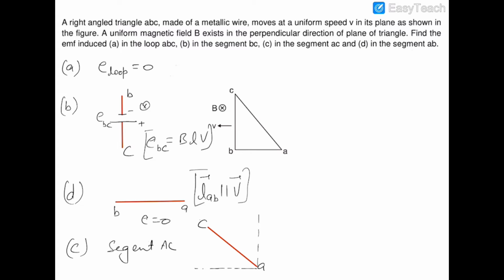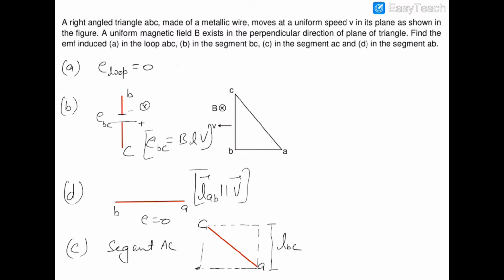This component will be equal to the length of BC, L_BC, and the other component will be the same as the length of AB.